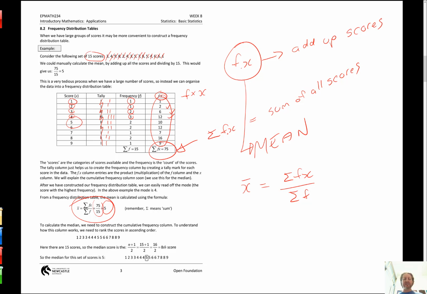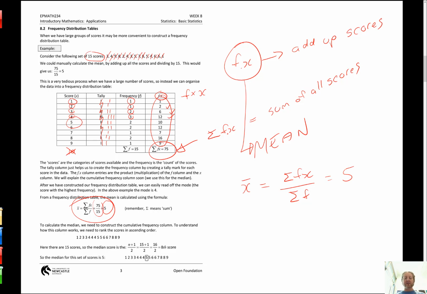If I did a calculation that said my mean score was 10, hopefully you'd see that that's impossible. Scores ranging from 1 to 9 can't have a mean of 10. The mean must lie between the two ends and often in the middle. So always have a look at your answer and see if it makes sense. But I believe, and that was true, my mean is exactly 5.